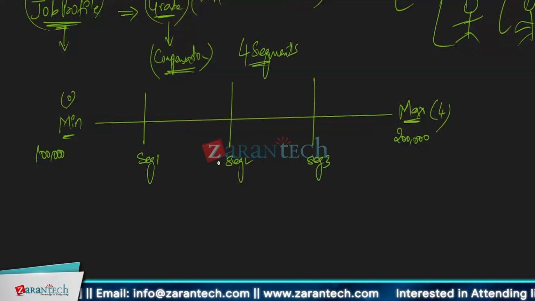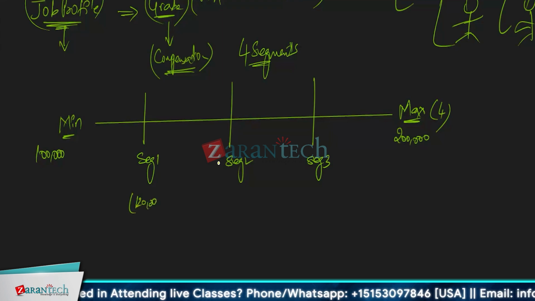So not exactly 0, but this is the starting point. I'm just going to assume something; this is not the exact calculation, but Workday automatically creates these segments for you. Let's say 100,000 to 120,000 is segment 1. This is segment 1 top, and then we have segment 2 top, like 120,000 to 140,000.